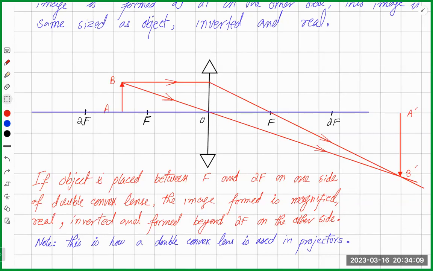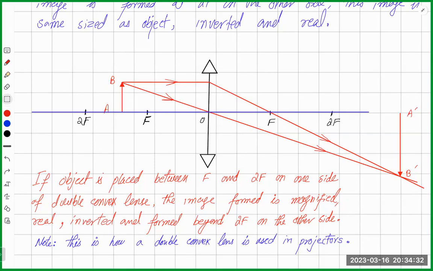And this is how a double convex lens is used in projectors for formation of images. Like this, in a projector, there is a very small screen inside, but with very intense light.